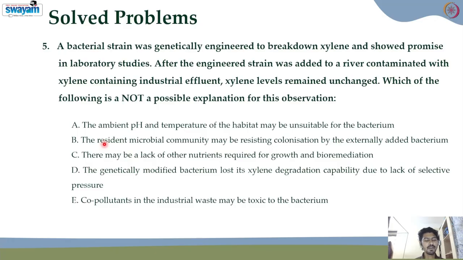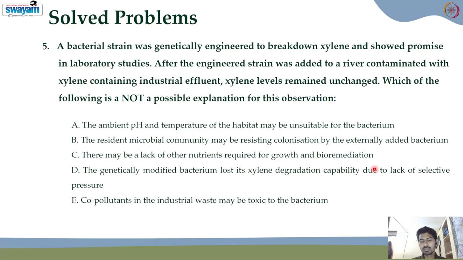Option A, the ambient pH and temperature of the habitat may be unsuitable for the bacteria. Option B, the resident microbial community may be resisting the colonization by externally added bacteria. Option C, there may be a lack of other nutrients that are required for growth and bioremediation.